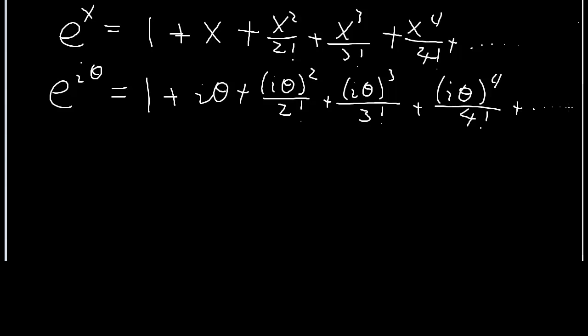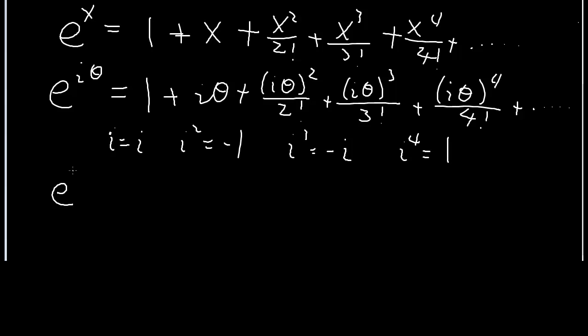We can clean this up a bit because we know i to the first is i, but i squared gives us -1, i cubed gives us -1 times i, and i to the 4th is -1 times -1, which is just 1.